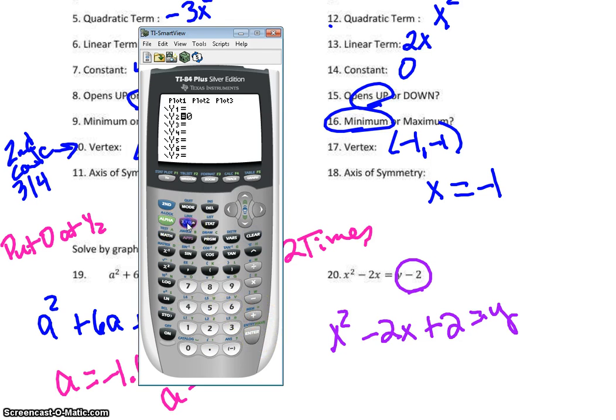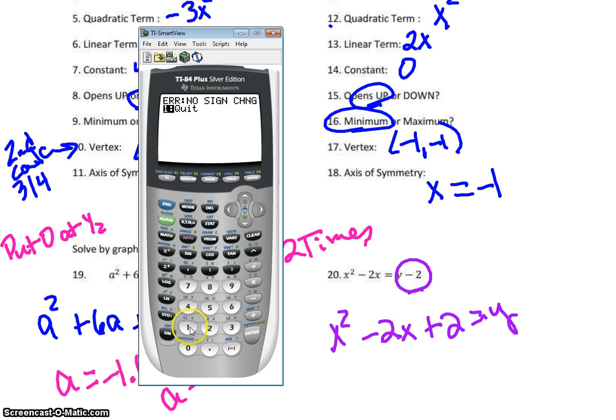We're going to say x squared minus 2x plus 2. We need our 0 at y2. Second calc number 5. Let it draw. Enter, enter, enter.